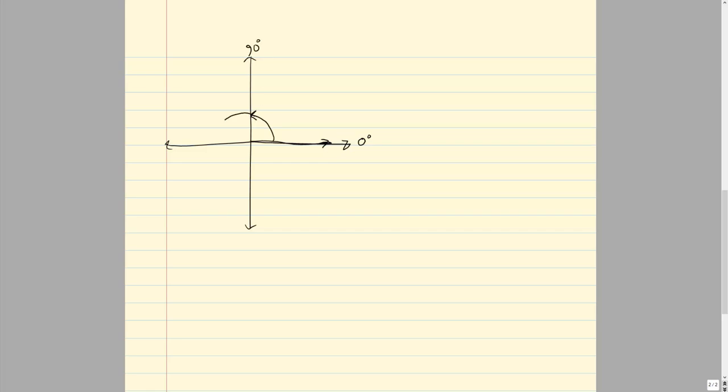If it moved clear across, it would be 180. Here would be 270. And if you moved clear to where the initial side terminated as well, it would be 360 degrees. Now, even though this initial and terminal end up in the same point, the amount of rotation is different between a 0 and the 360, even though the location is the same.